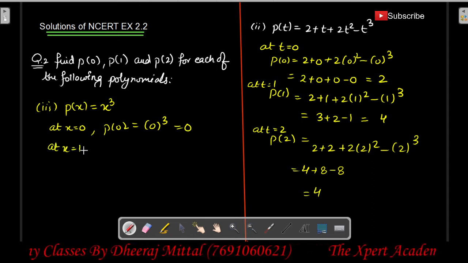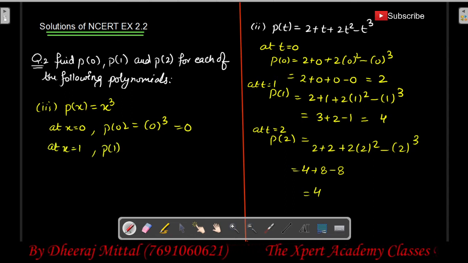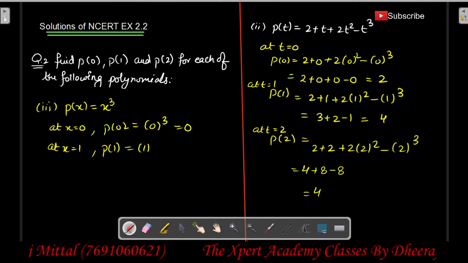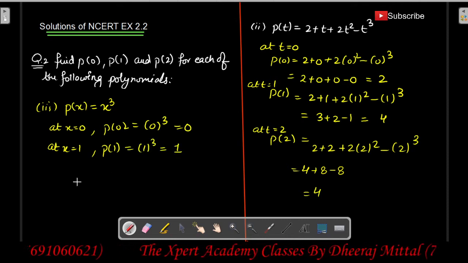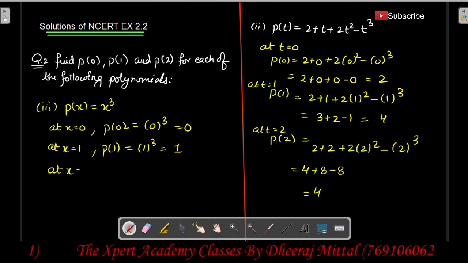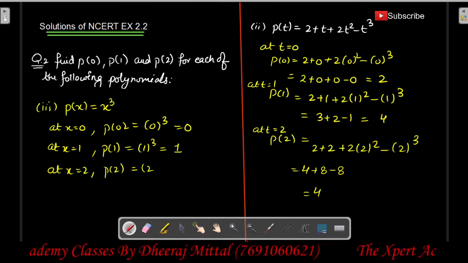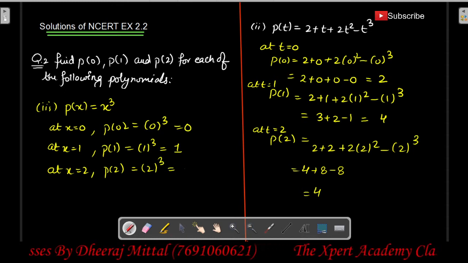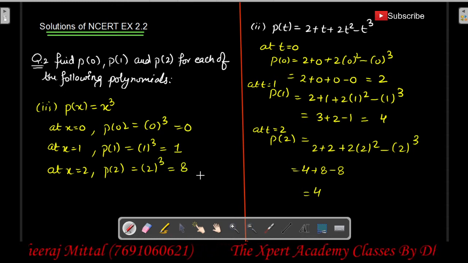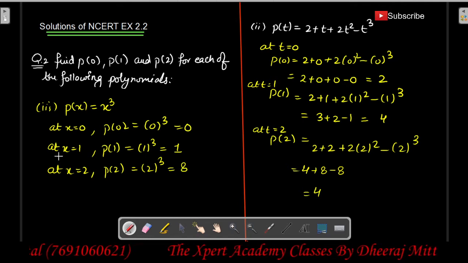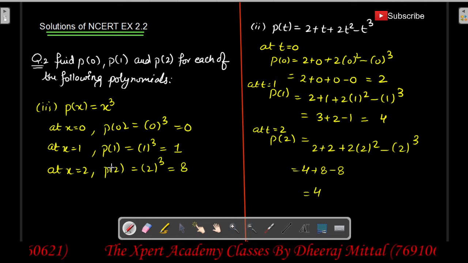At x is equal to 1, p(1) is equal to 1 cube, that is 1. And at x is equal to 2, p(2) is equal to 2 cube, that is equal to 8. So these are the values at x is equal to 0, 1 and 2.